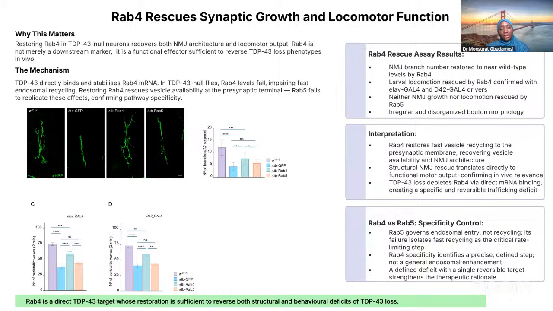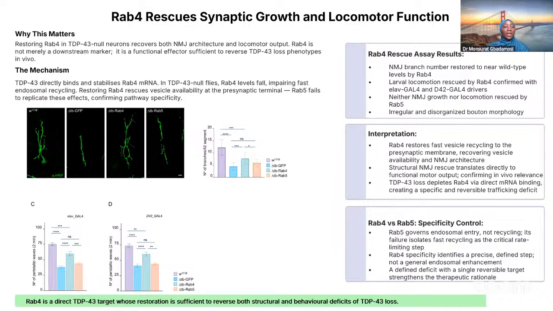With these RAB proteins, we expressed them in the neurons of these flies and saw what happens. Remember, the TDP43 mutant flies have problems of locomotion, their neuromuscular junction branches are reduced, and the boutons are misshaped. They have a lot of problems there.